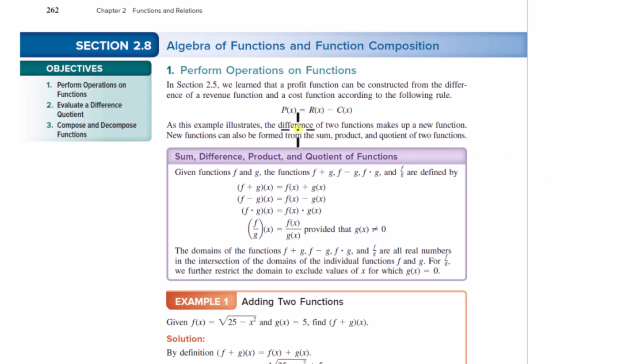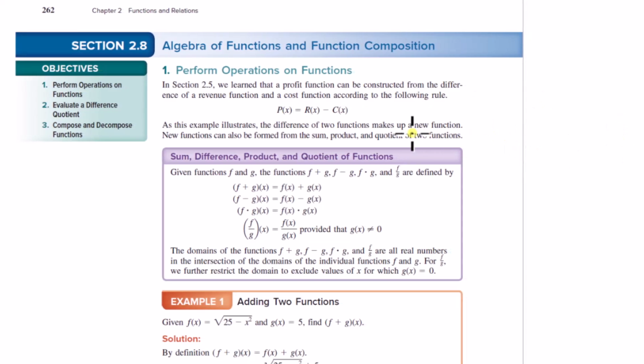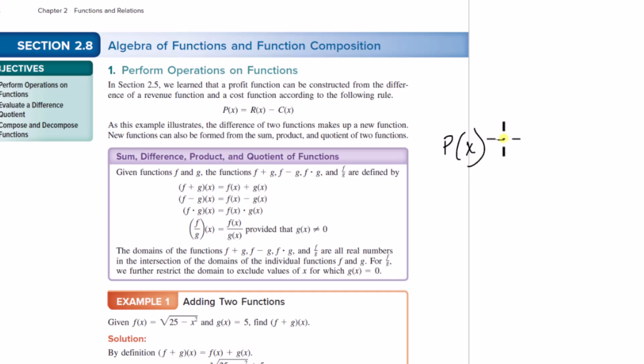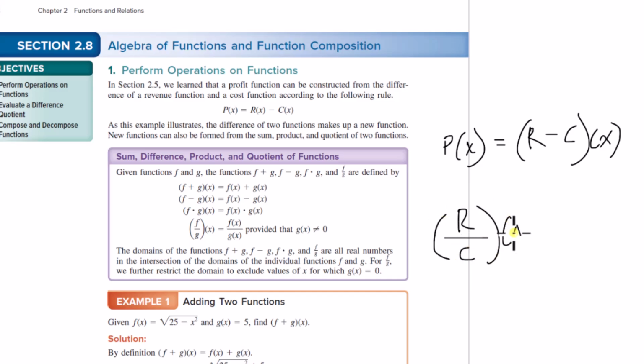The profit function would be equal to (R minus C)(x). That's the notation. If you were multiplying, you would just put a multiplication symbol. And if you wanted to divide the revenue and cost function, you would do it like that.